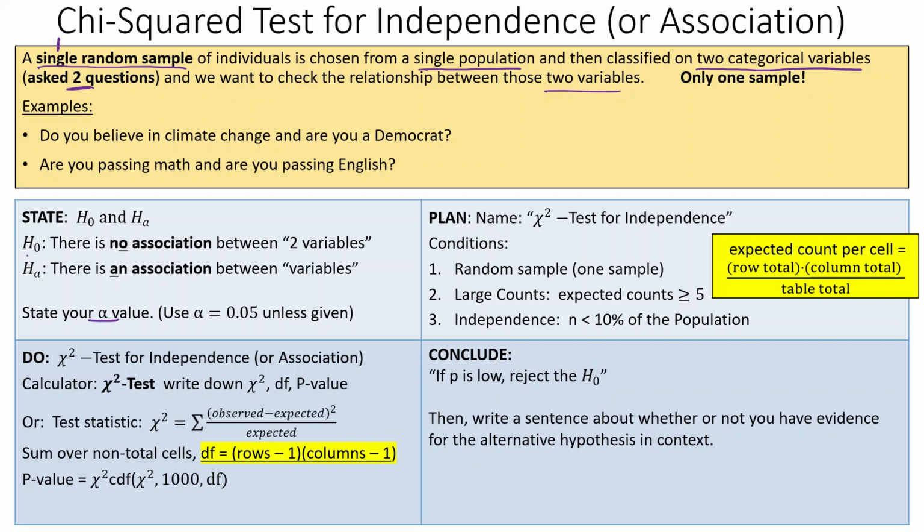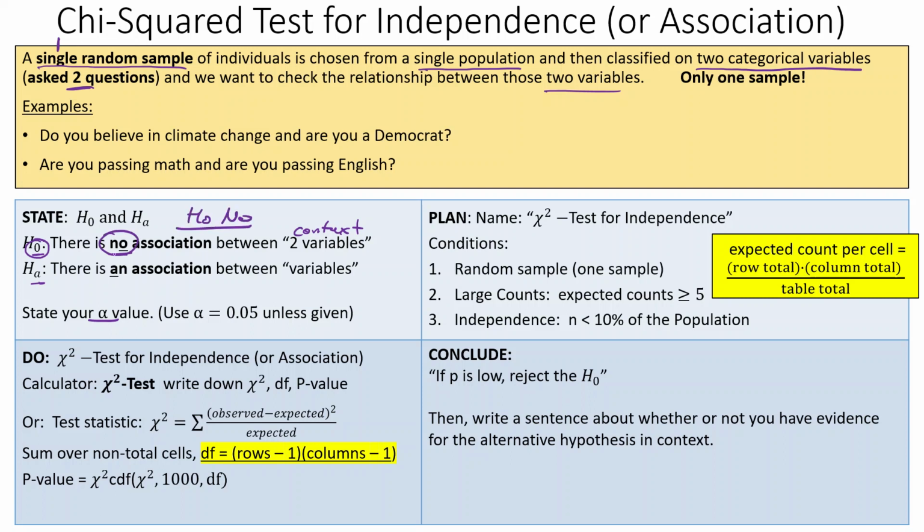All right, so our state is just our hypotheses and your alpha value. The null hypothesis is that there is no association between the 2 variables, so one does not affect the other. The alternative hypothesis is that there is an association between the 2 variables. This is where we would put context in. The way we remember this is Ho, no. They rhyme.